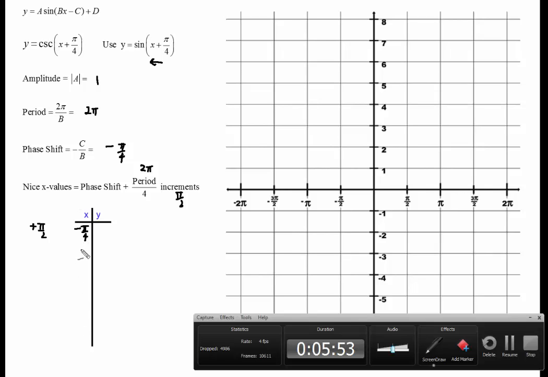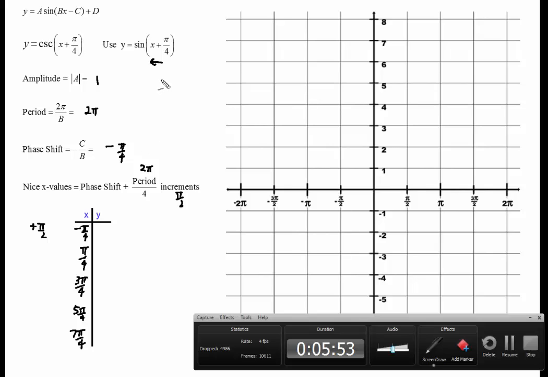So negative pi over 4 plus pi over 2 would be pi over 4. Another pi over 2 would be 3 pi over 4. Another pi over 2, 5 pi over 4. And another pi over 2 would be 7 pi over 4. And don't worry, we're going to cheat on the sine graph like we tend to do.